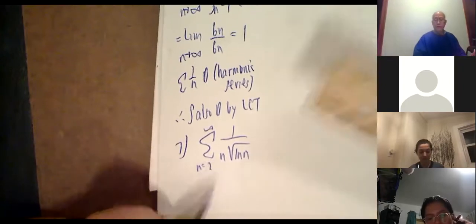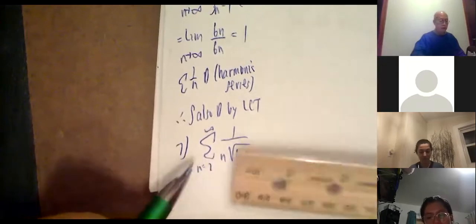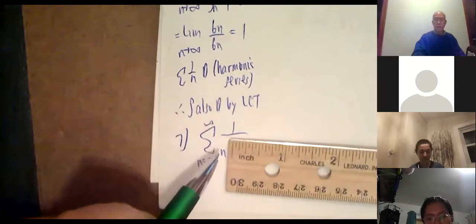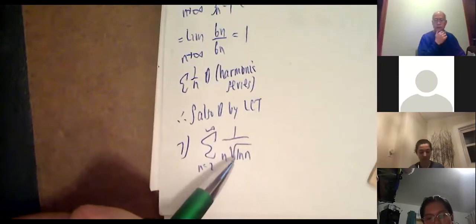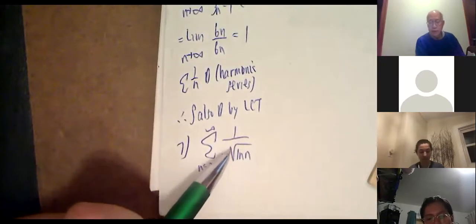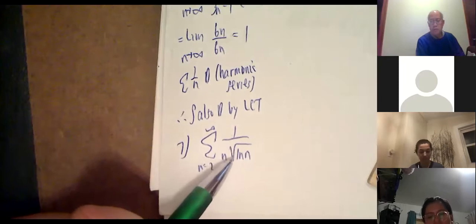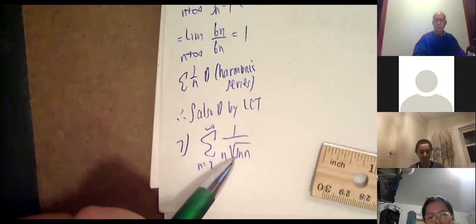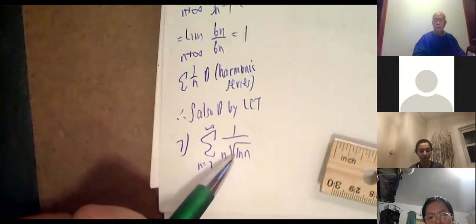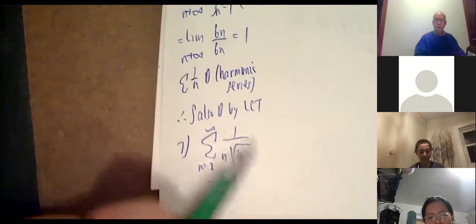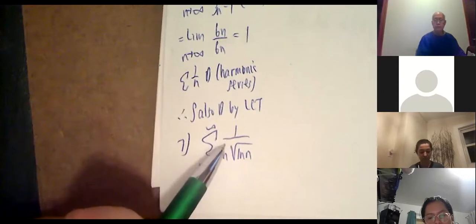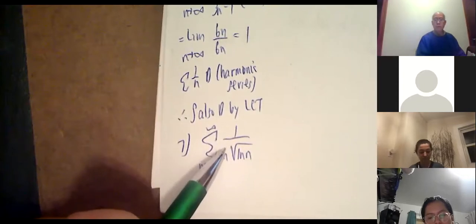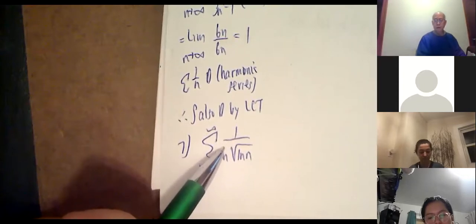At first glance, you might say, why don't I compare it to 1 over n, which diverges? But if I go like this, what's happening? The denominator is getting bigger, so the whole thing is getting smaller. I would have the bigger series diverging, so I can't say anything about that one.